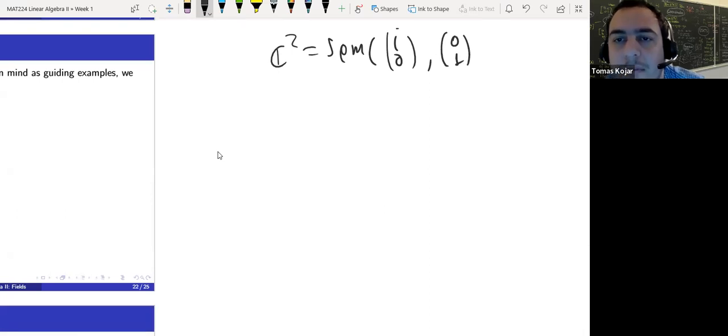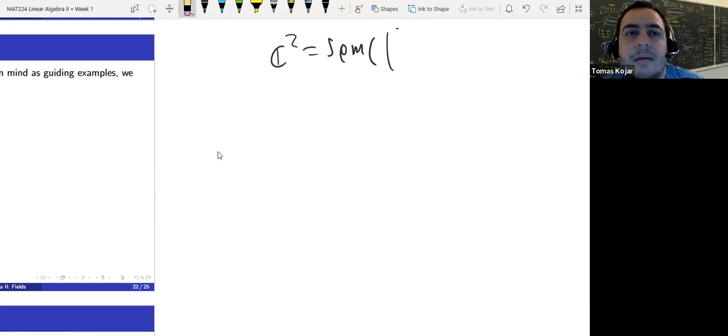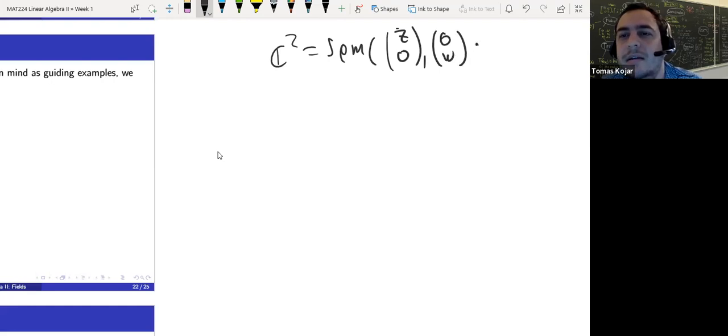Or let me write it in a different way. So you need to take z like a complex number. So let's see. So you need to take one guy from here and another guy from here. That's how I should write it.